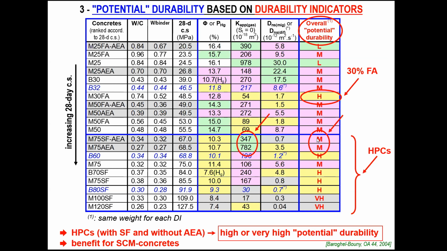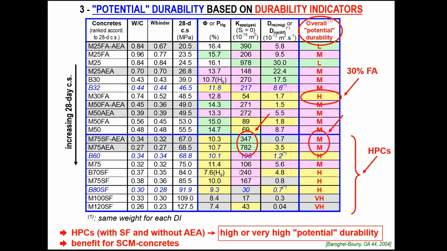For example, you can find only medium durability for high performance concrete due to not very good gas permeability, due to air entrainment in this case, or you can have an expected high durability, for example, with this material with fly ash, thanks to very good performance in chloride penetration.